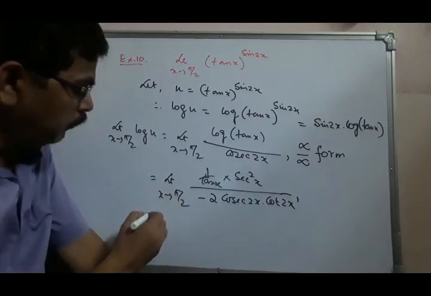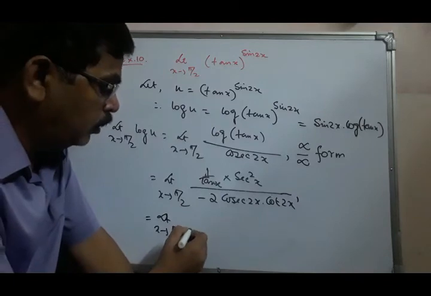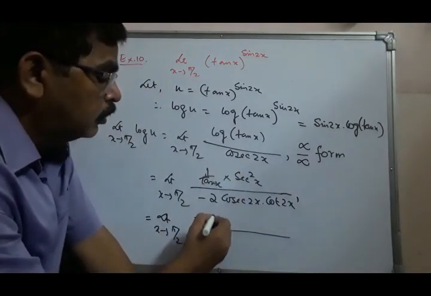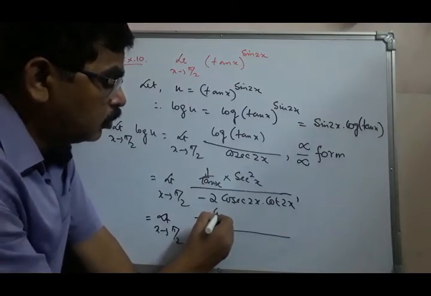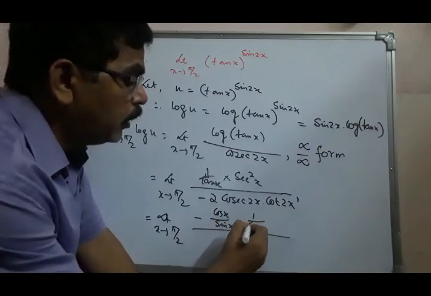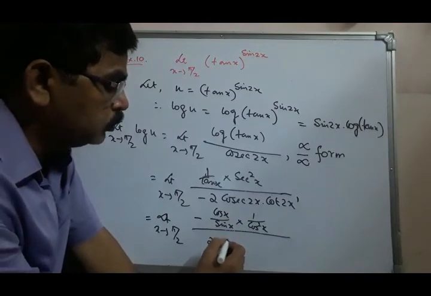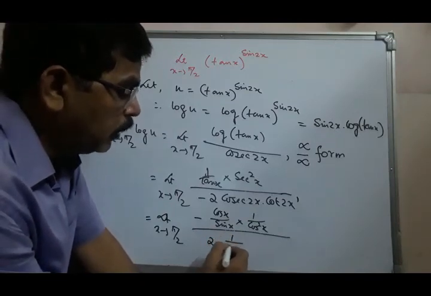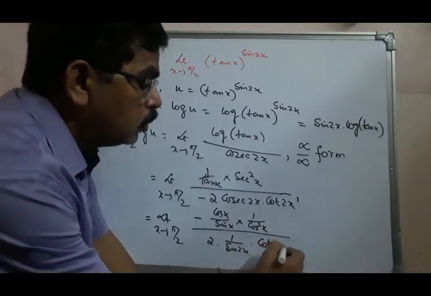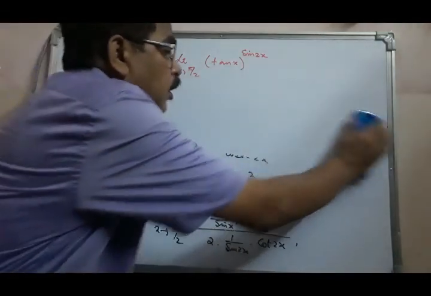So now we simplify, limit x tending to pi by 2, it becomes minus cos x by sin x into 1 by cos square x divided by 2 into 1 by sin 2x into cot 2x. Continue here.